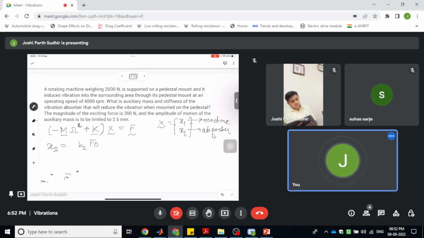This is by solving the vector equation, with matrices and determinants, where we have to find the inverse of the matrix minus m omega square plus k. We have discussed those steps in the last question, so I'll skip them and just directly write down the final expression.